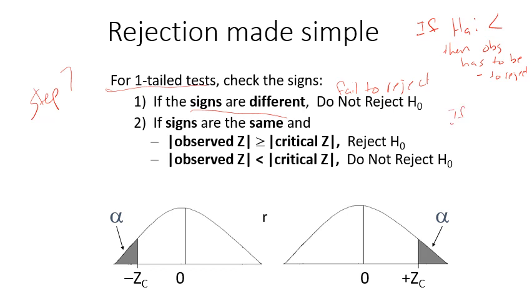If HA is greater than, then observed has to be positive to reject. The reason I'm going over this a little bit extra is because some people get confused by this. I don't want you to get confused by this, so I kind of restated it a few different times.